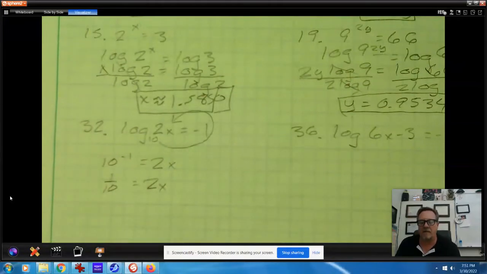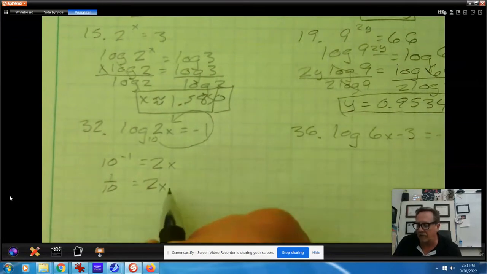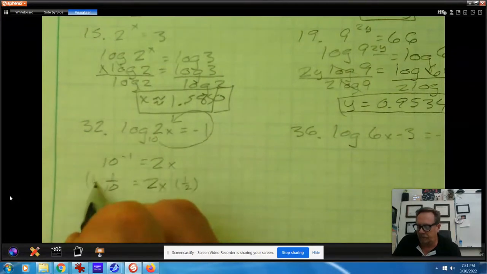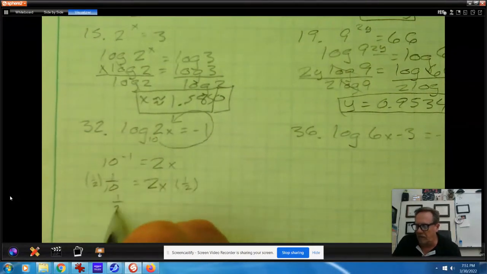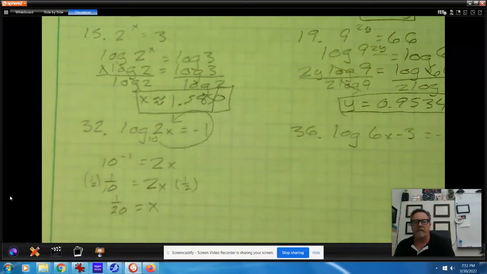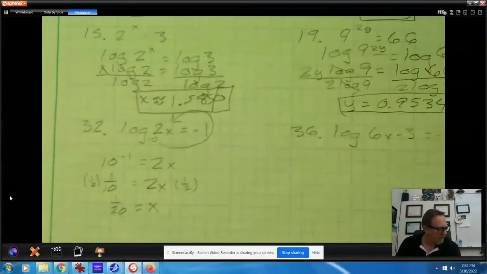How do you get x by itself? Divide both sides by 2 or multiply by 1/2, however you want to look at it. So we get 1/20 is equal to our x. I think your book probably leaves these in decimals.